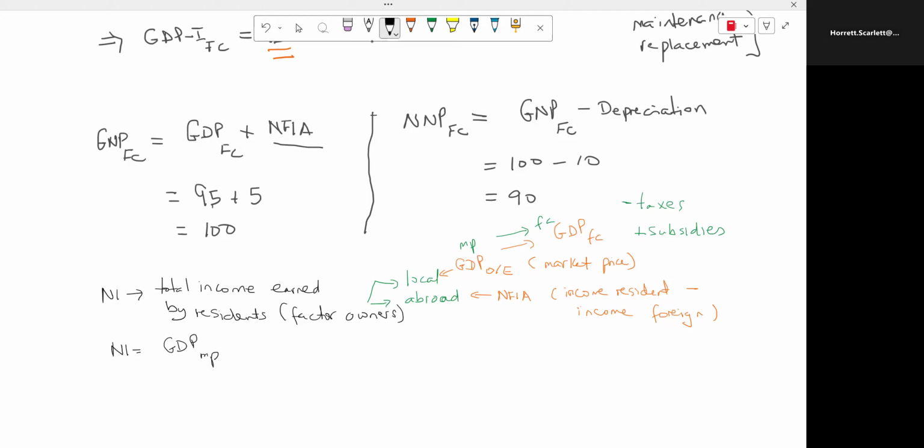GDP based on expenditure and GDP based on output. So we have that at the market price. But then we need to account for the taxes and subsidies so that we can get that to factor cost. So let's minus taxes, the indirect taxes, and let's add the subsidies.